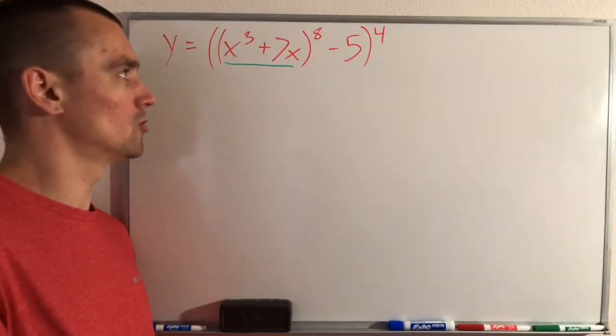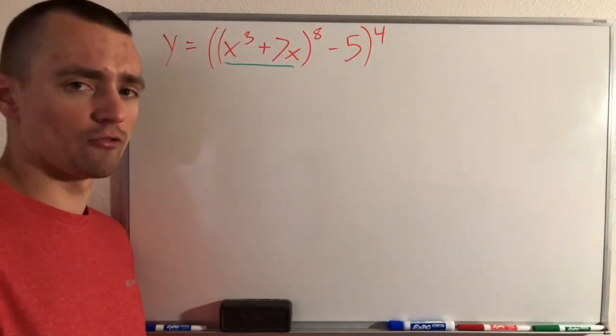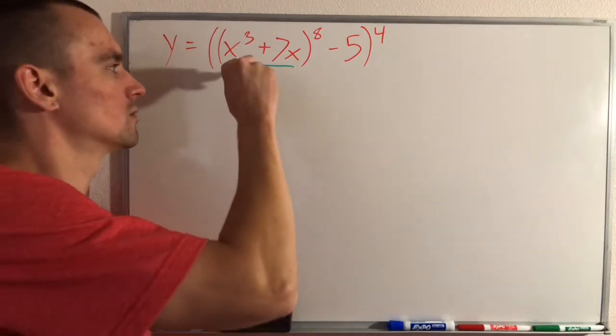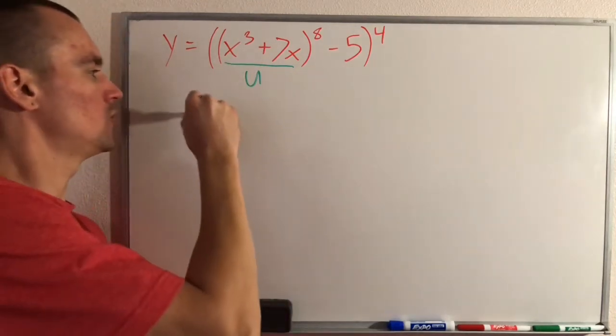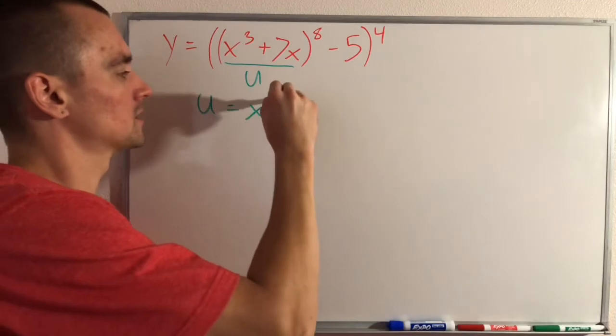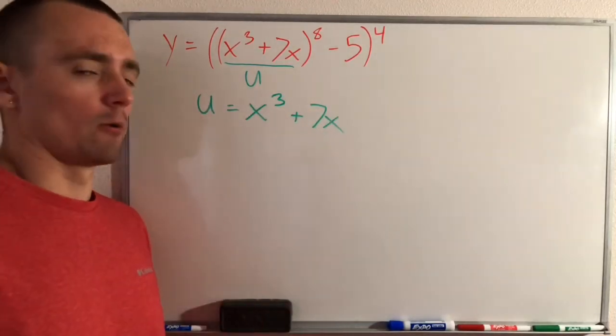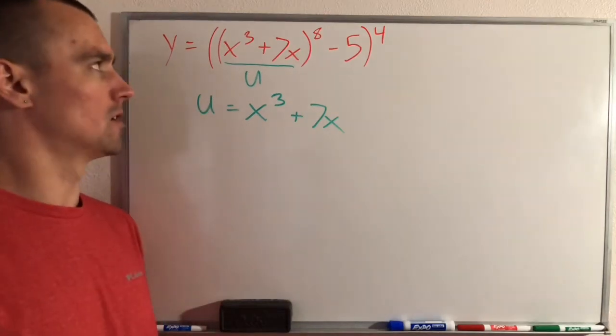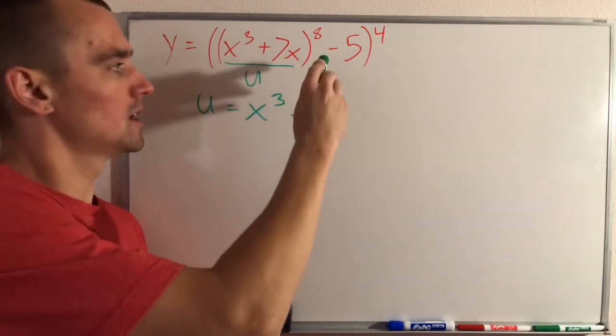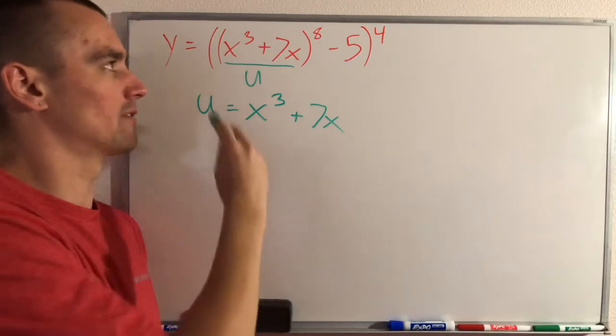So we're going to say that u equals x cubed plus 7x, since that's our innermost function. Now we want to think of y as a function of u instead of a function of x.